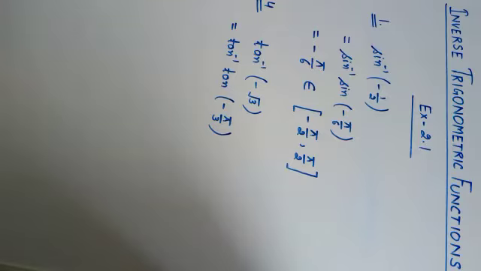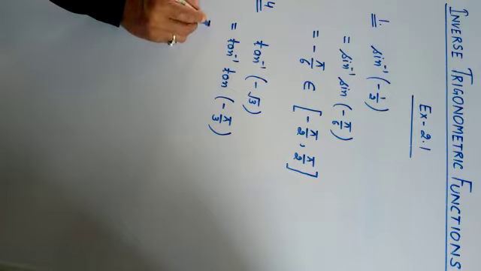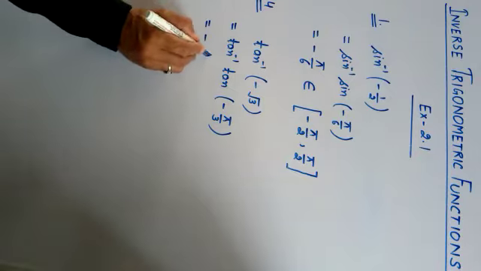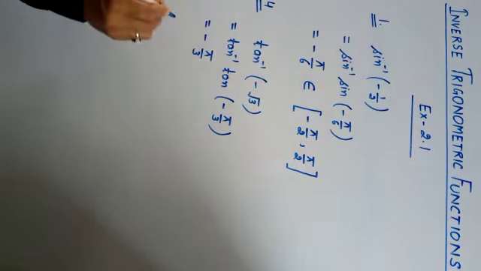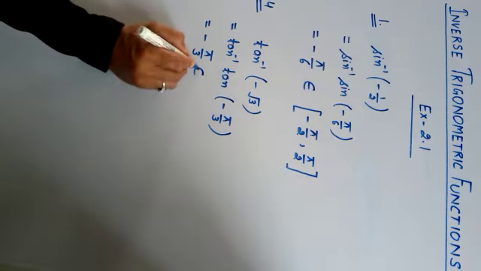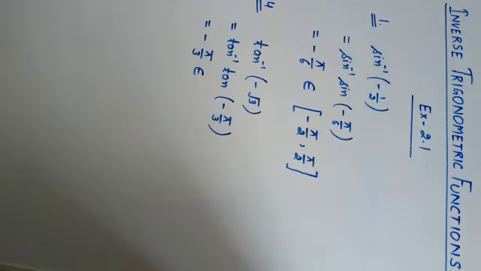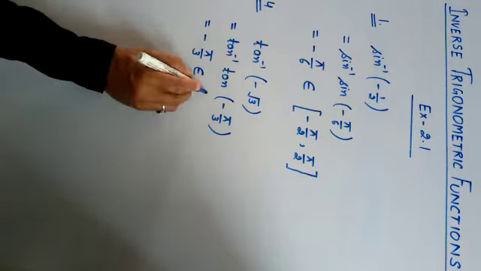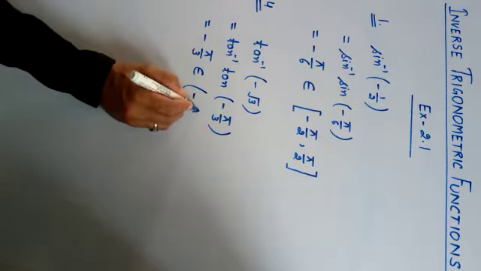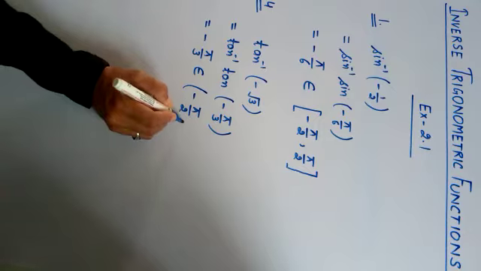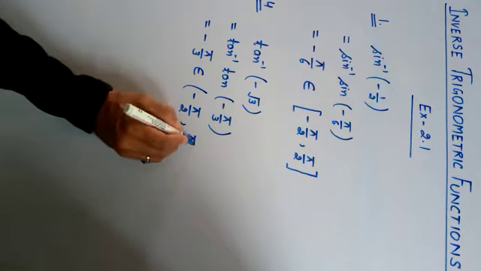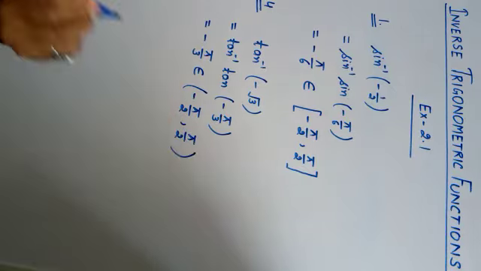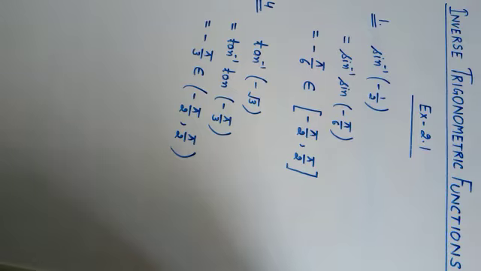Now tan inverse and tan will eliminate each other. So minus pi by 3. Now you have to check. You can see in the table that it belongs to the range of tan inverse, which is minus pi by 2 to plus pi by 2 open interval.